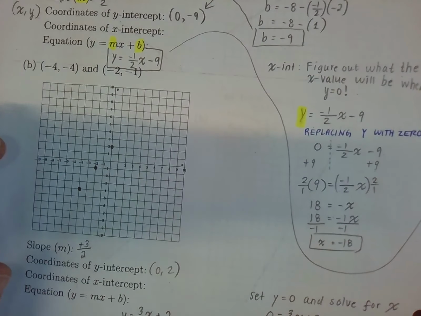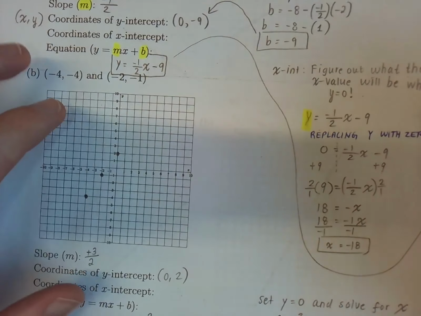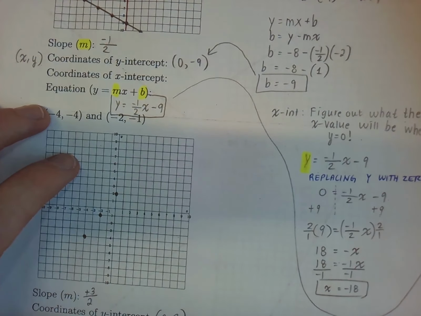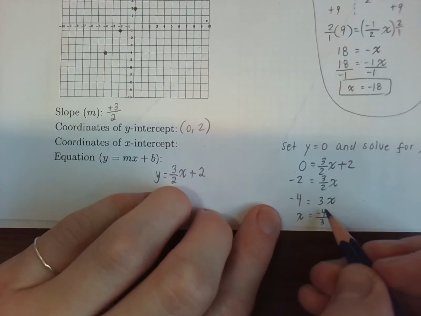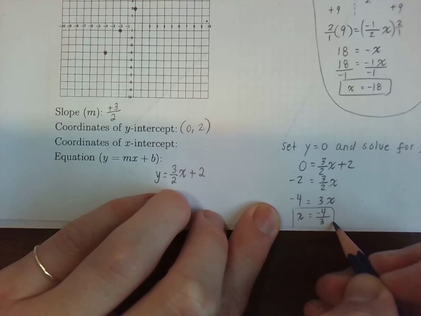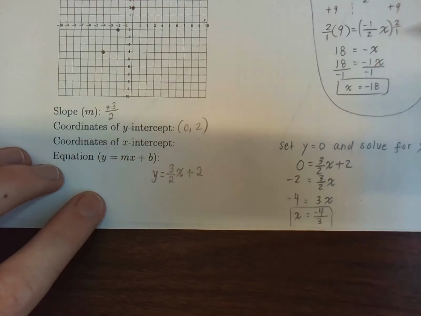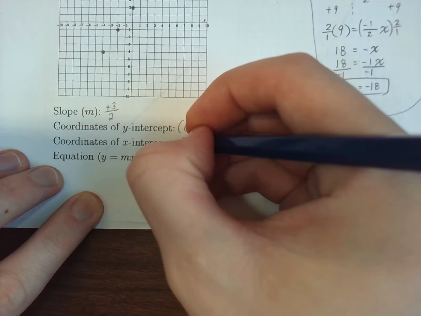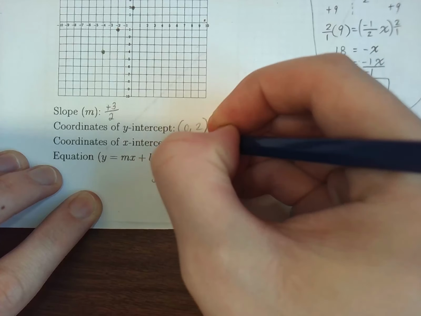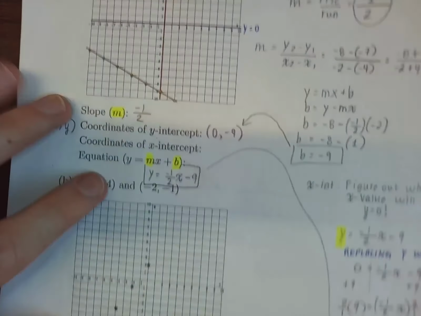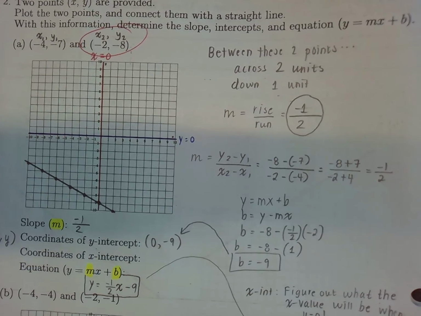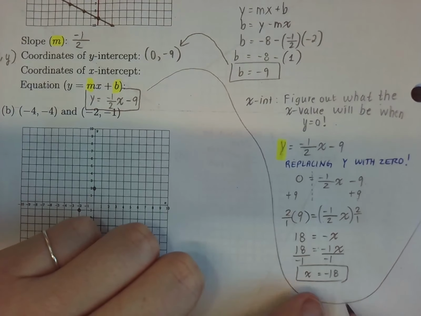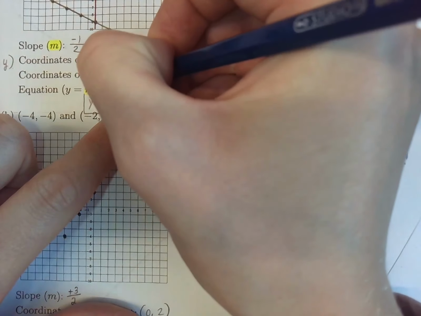Okay. So, oh, and I actually forgot to, because yes, the x value is going to be this for the x-intercept, but just remember, that's our x value when y is 0. Same thing up here. The x value is -18 when y is 0.